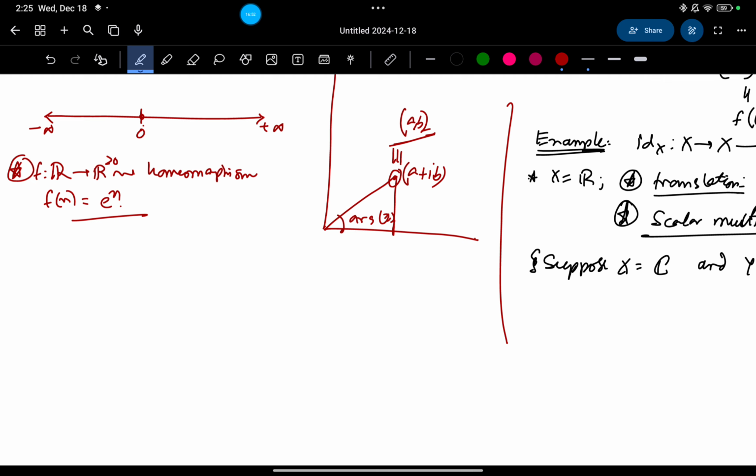In fact this is a homeomorphism, because it is injective as well, and surjective, of course. So there is nothing more to prove. And of course R strictly larger than 0 is associated with the subspace topology.